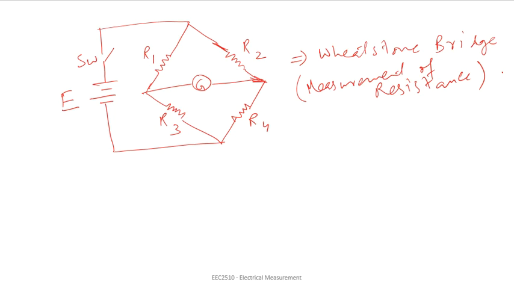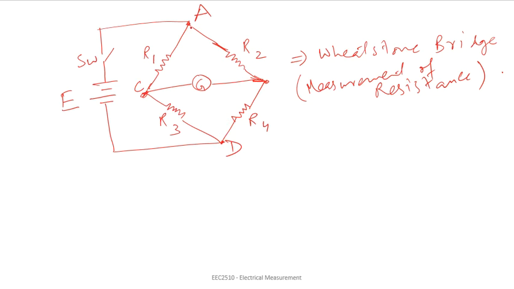The circuit diagram is shown here. Okay, and there is a source of EMF or voltage, and a switch which is connected in this circuit. Let me just write down these points as well. Let us call this point as point A, this is point B, this is point C, and let us call this point as point D.